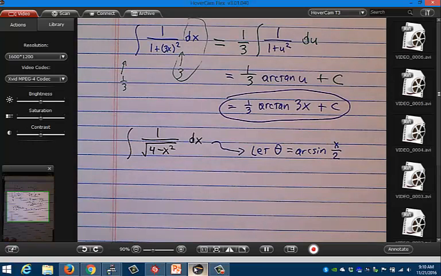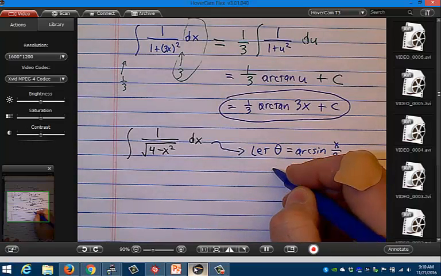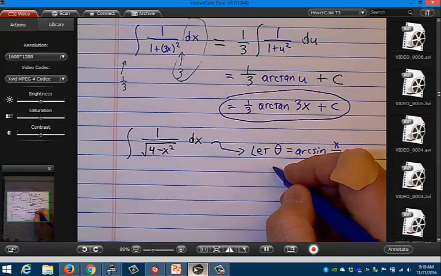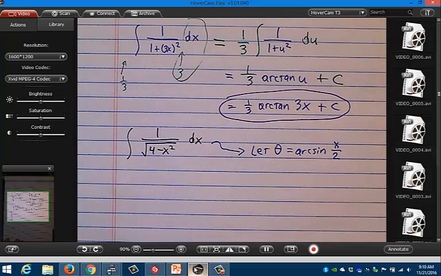Write that down, guys. Let theta be the arcsine of x over 2. I want you to write that down, because as soon as you write that down, well, we should compute d theta as well. No, not so fast.